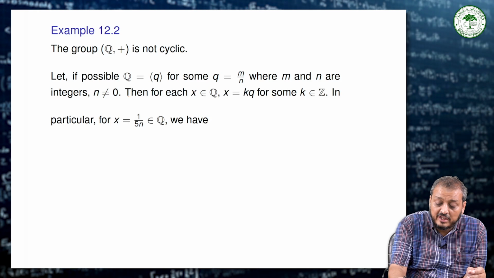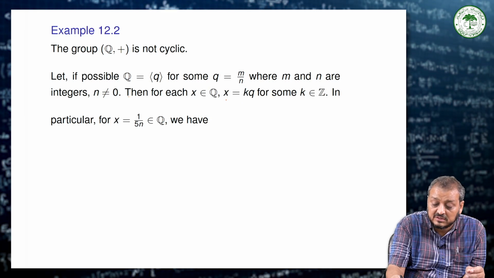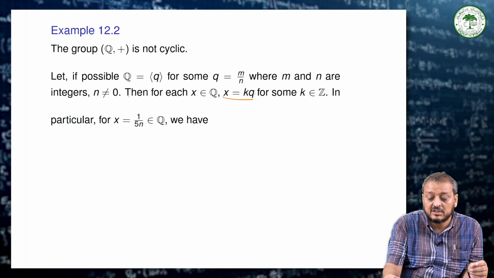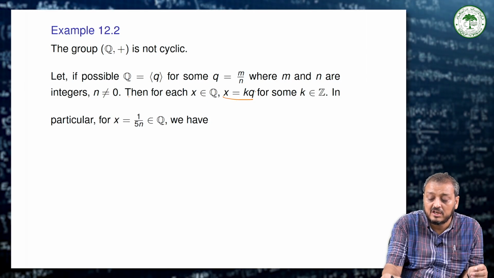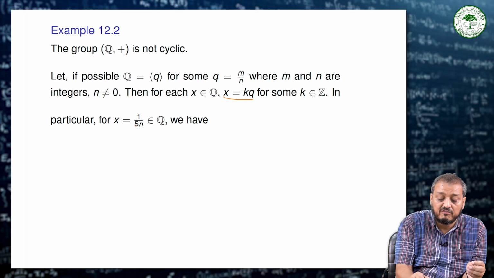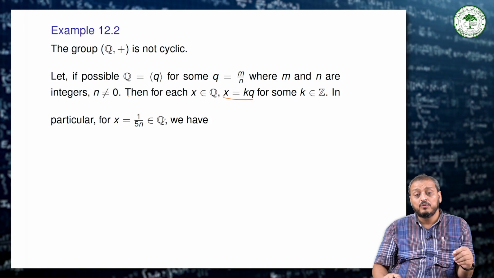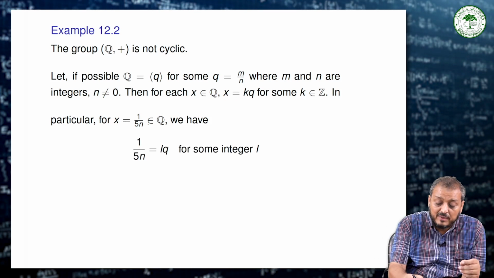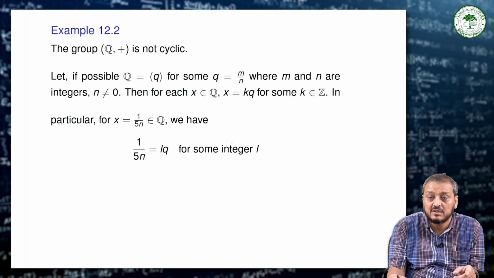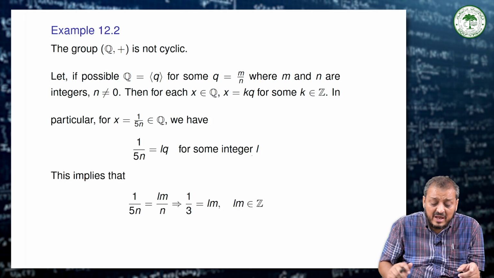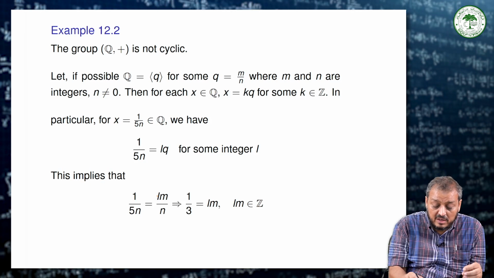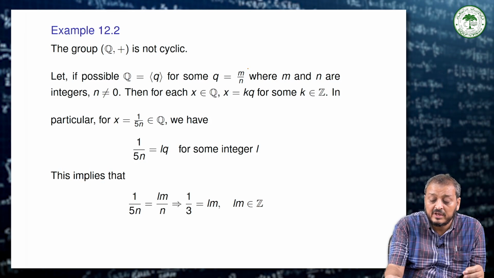Then every x belonging to Q can be written as k times q for some integer k. In particular, if we take 1 by 5n belonging to Q, we have 1 by 5n equal to l times q for some integer l. This implies that 1 upon 5n is equal to l times m by n.